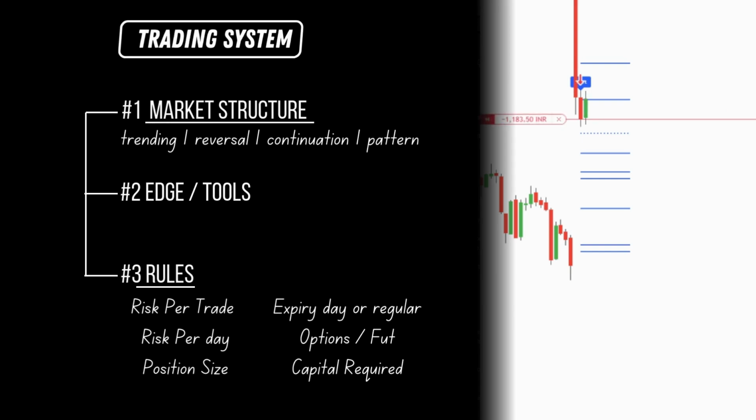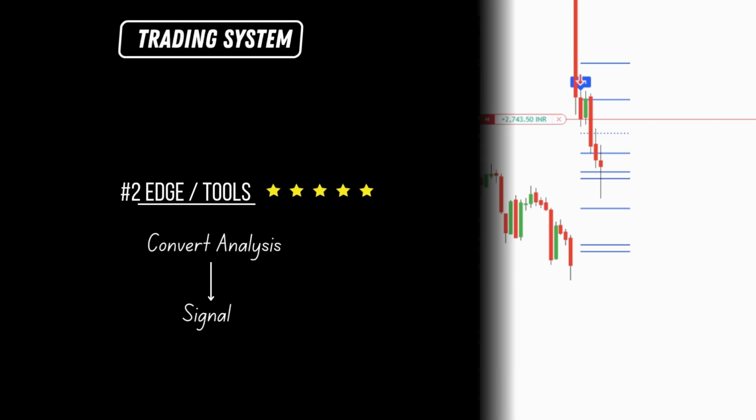Now, the hardest of all three parts is the edge. This usually takes years to build. Some traders don't even have an edge, right? How do you convert the analysis you do? You can become an analyst in 1 or 2 proper training months. Also you can do it if you follow any proper system. You'll become a very good analyst by the end of the year.